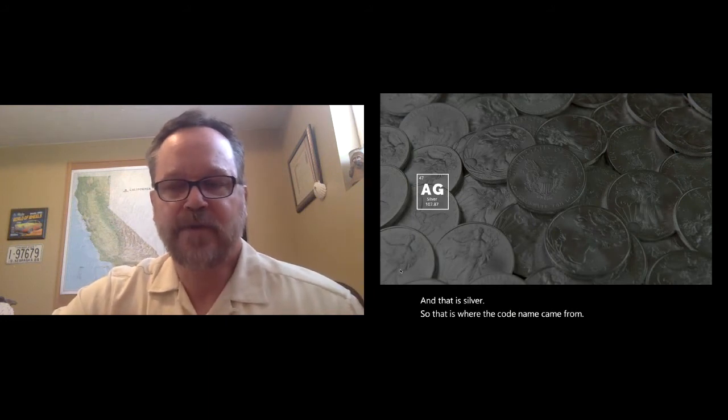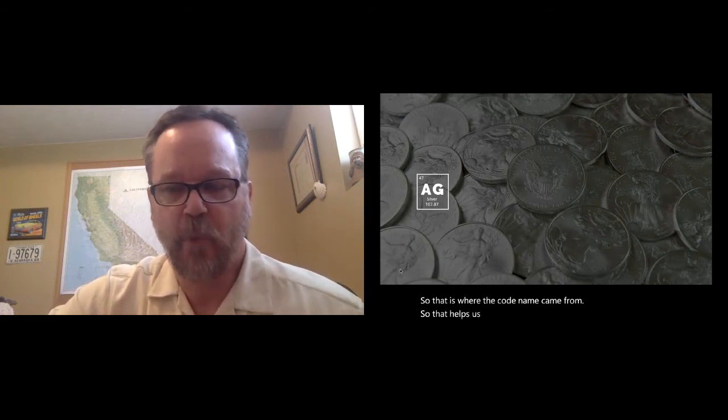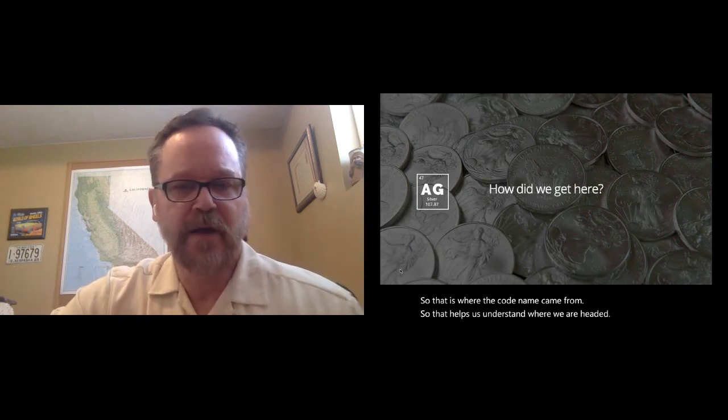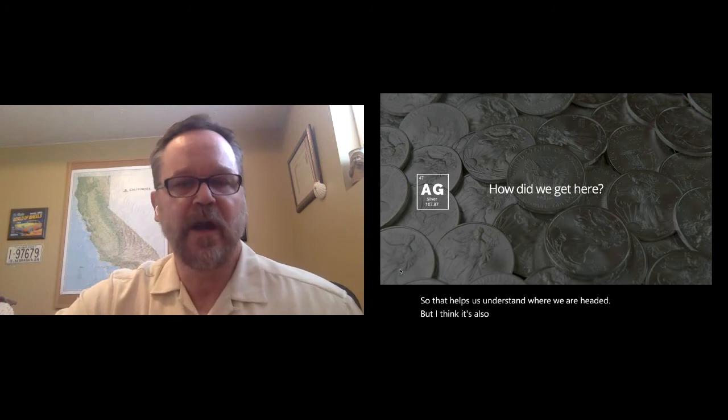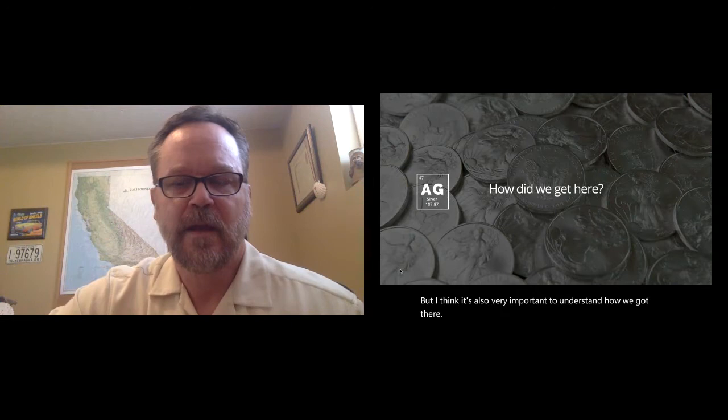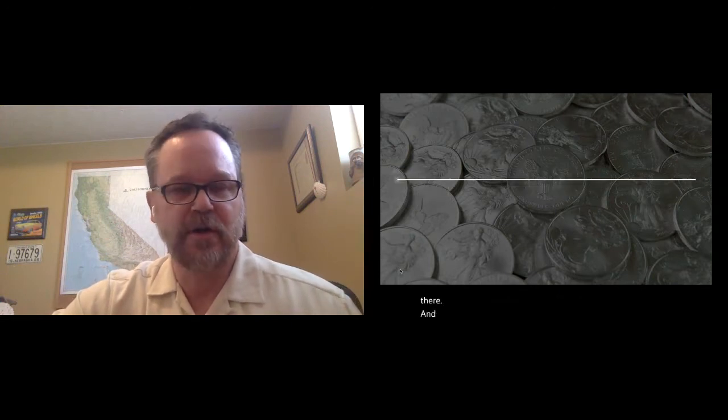So that helps us understand where we are headed. But I think it's also very important to understand how we got there. And that has been a journey of almost 50 years.